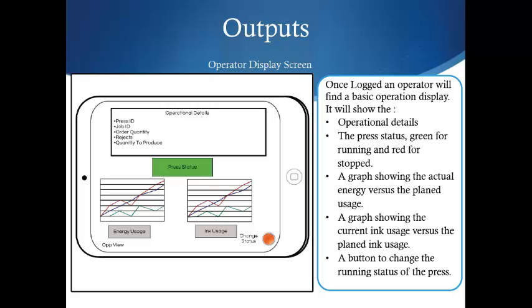This will be green when the machine is running and red for when it's stopped. A graph showing the actual energy use versus the planned energy use, and then a graph showing the current ink usage versus the planned ink usage. At the bottom of the screen there will be a button to enter the change status screen.